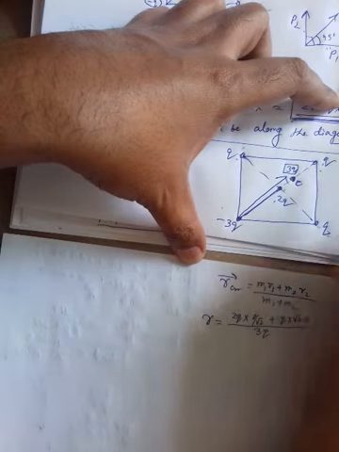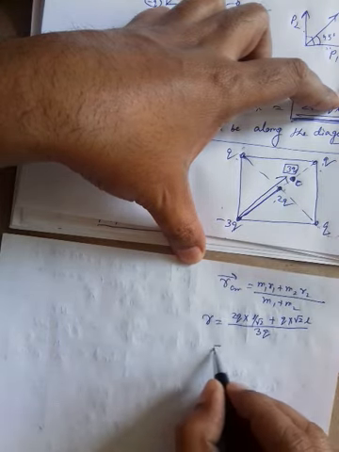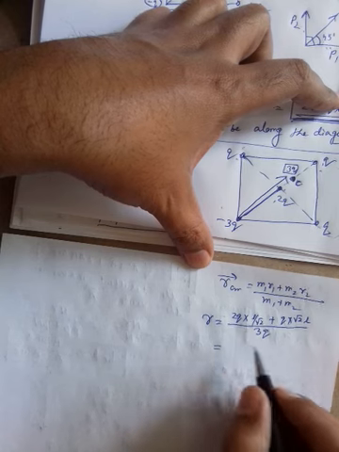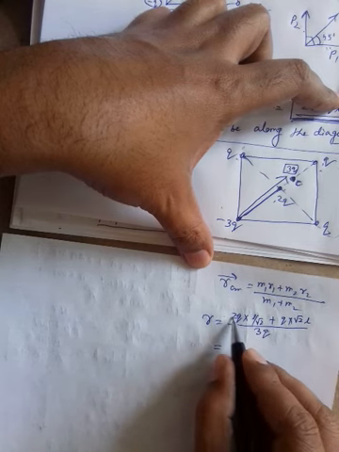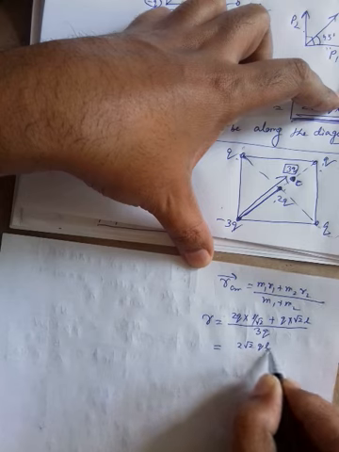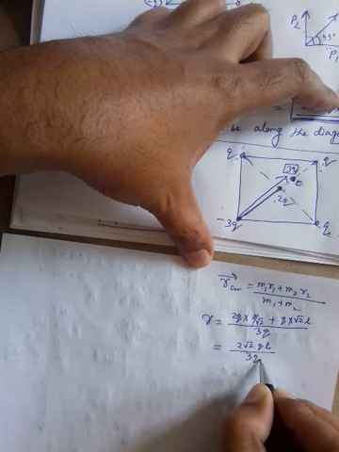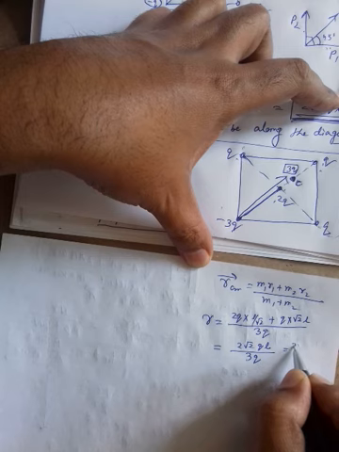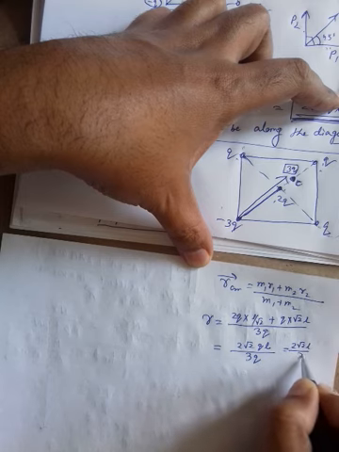Thrice q, why? Twice q and q. After calculation, what do you get? Root 2 and 2 after cancellation, it is 2 root 2 q l by thrice q. The q cancels, so it will be 2 root 2 l by 3.